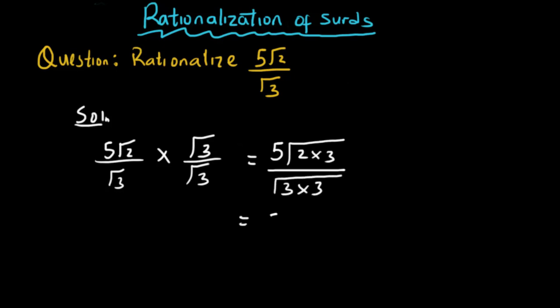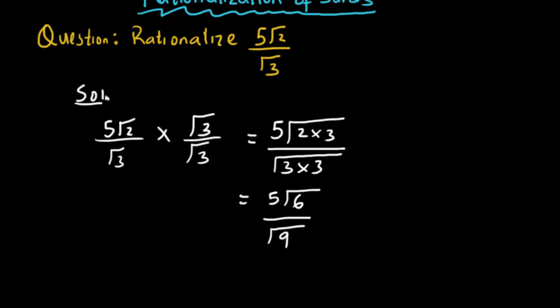So we have 5 root 6, since 2 times 3 is 6, all over root 9, which is 3, because 3 times 3 is 9. So our answer is 5 root 6 over 3. Let's take another question.